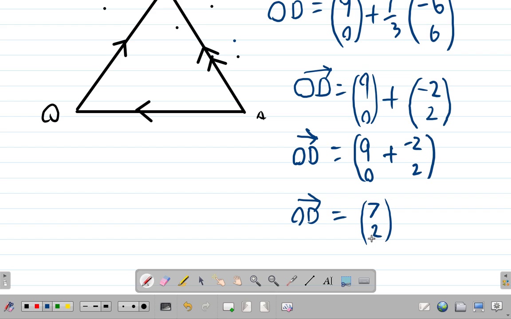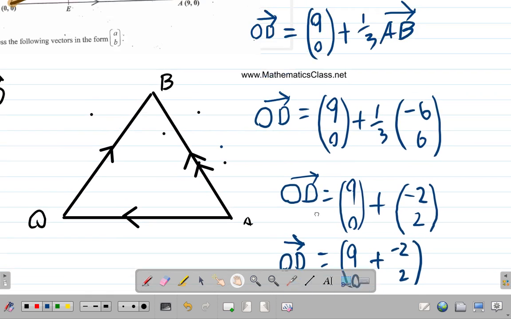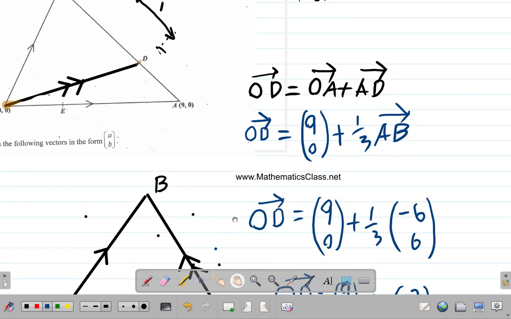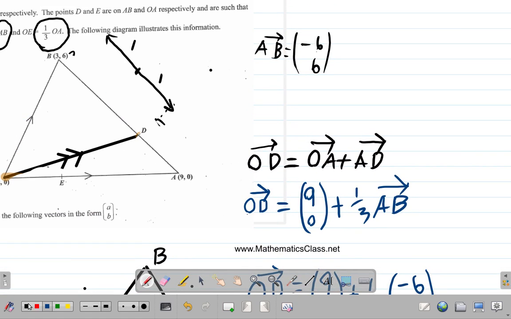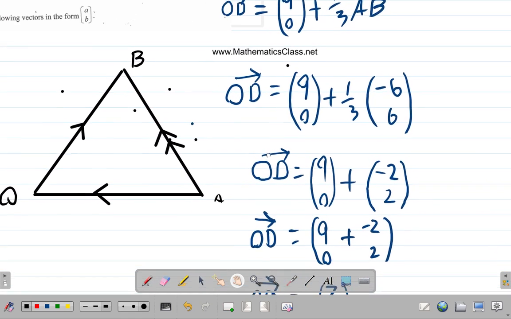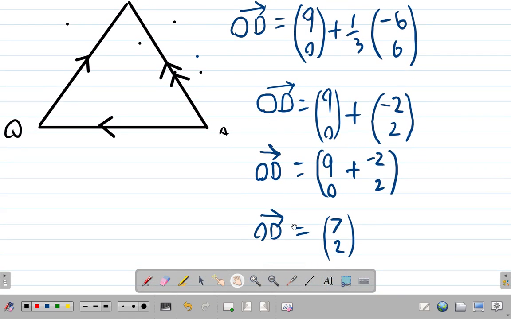So OD is (7, 2). Let me make a note of it up here. OD is equal to (7, 2). So you see that. Good.